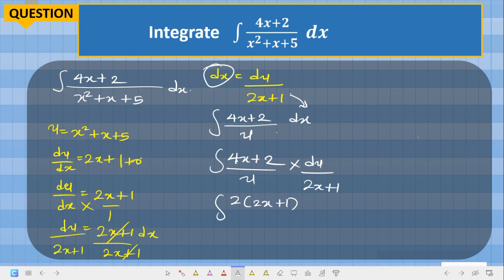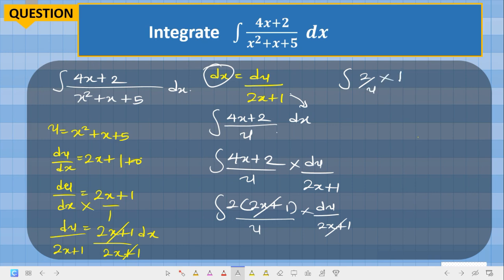What is common between 4s and 2 is 2, so we bring it out. 4s divided by 2 is 2s, and 2 divided by 2 is 1, all over u times du all over 2s plus 1. Now 2s plus 1 cancels 2s plus 1. We are left with the integral of 2 over u times du.